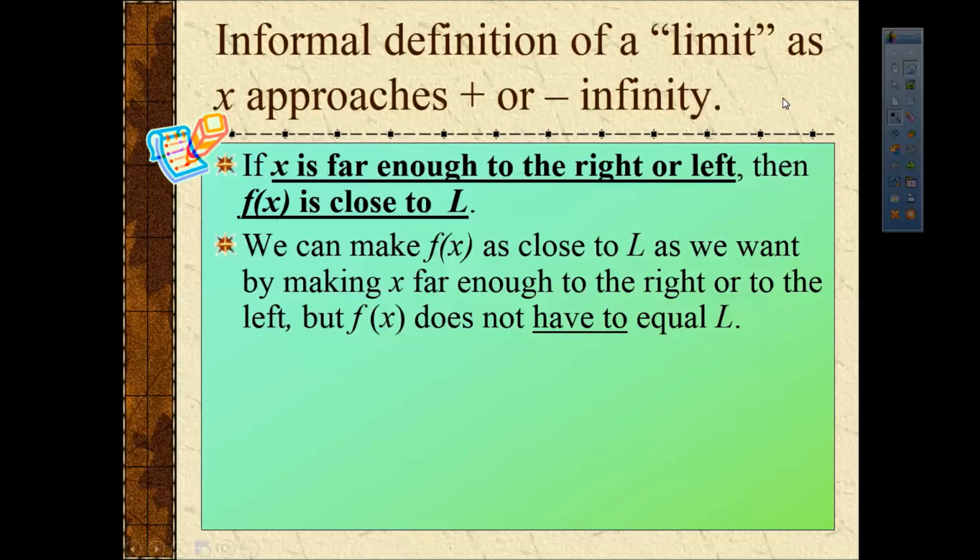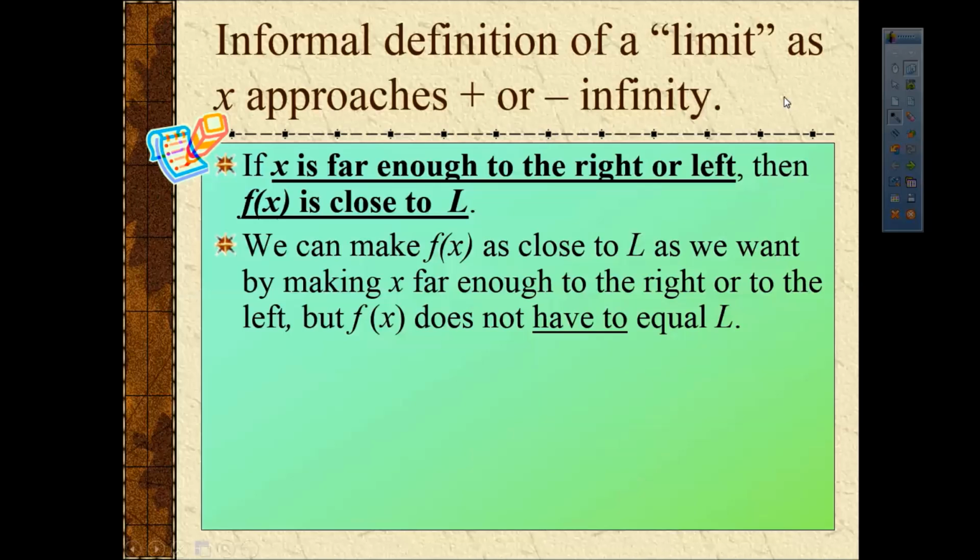We could get closer than 2.0002 just by making x big enough. x got up past 5,050 or 5,070, and at that point, the function was close to 2 within 0.0002.